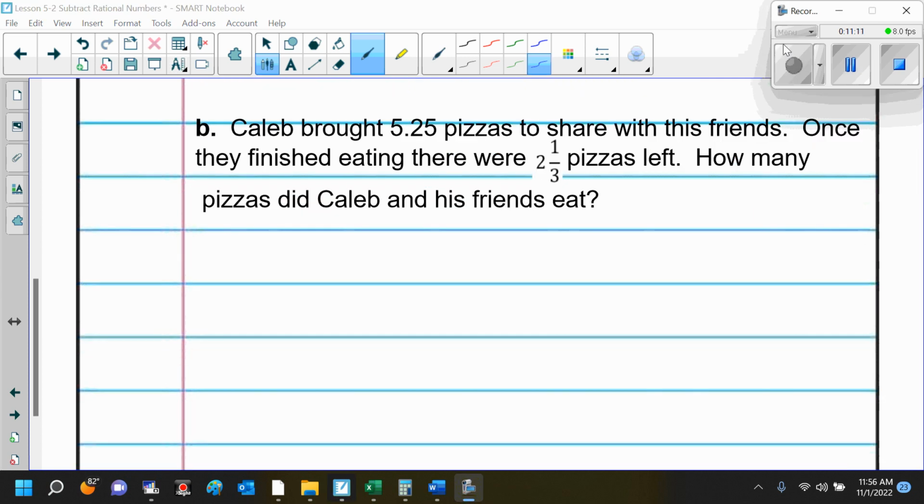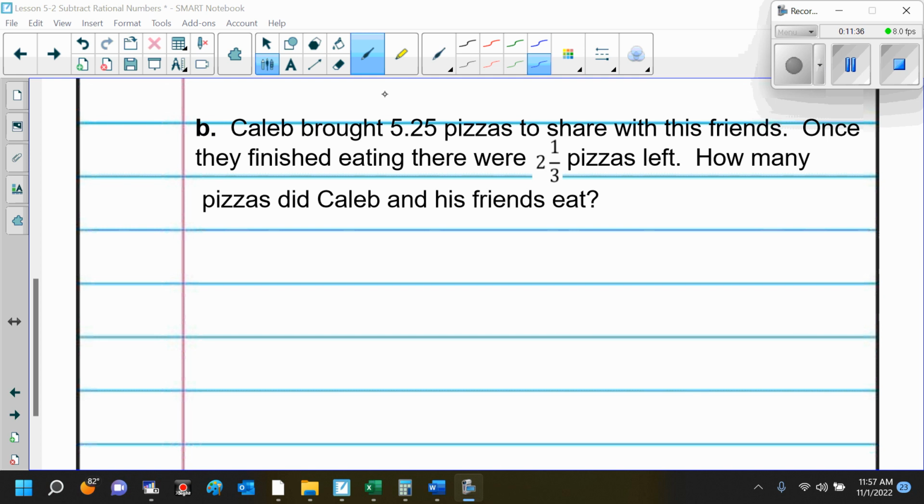So example B says Caleb brought 5.25 pizzas to share with his friends, 5 and 25 hundredths. Once they finished eating, there were 2 1/3 pizzas left. How many pizzas did Caleb and his friends eat? Okay, so here, let's look at our important information first.